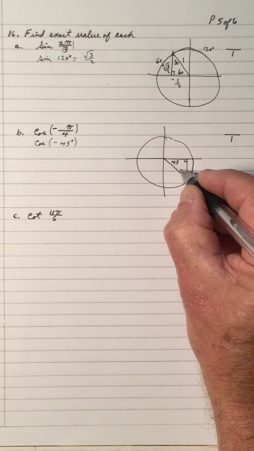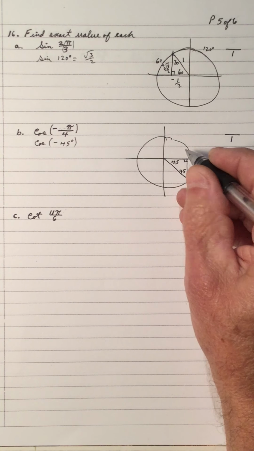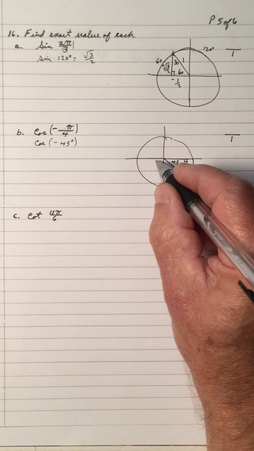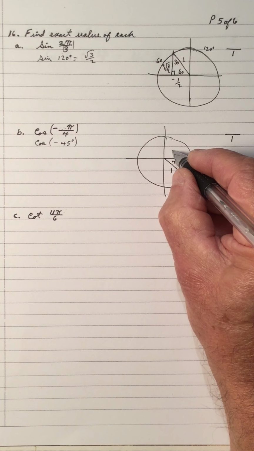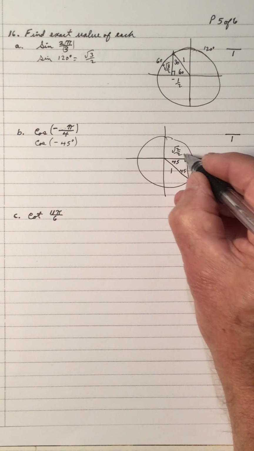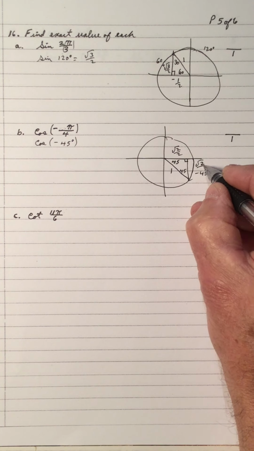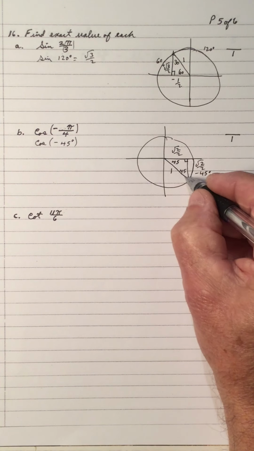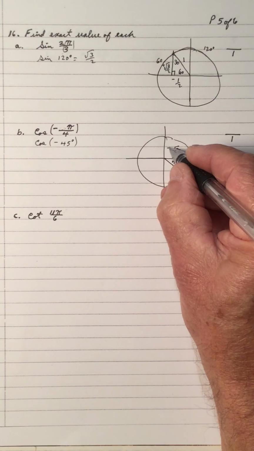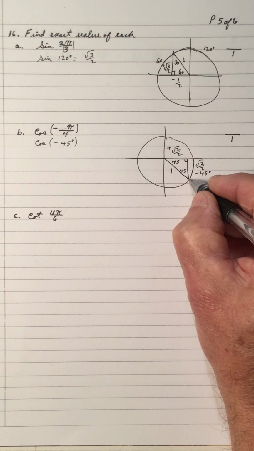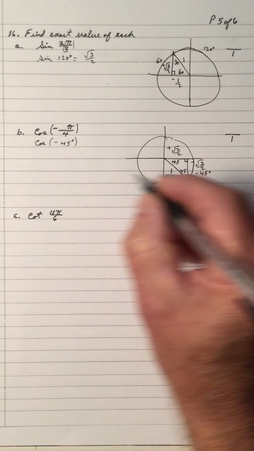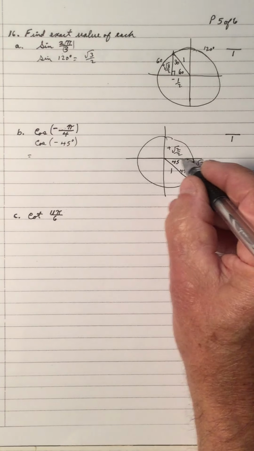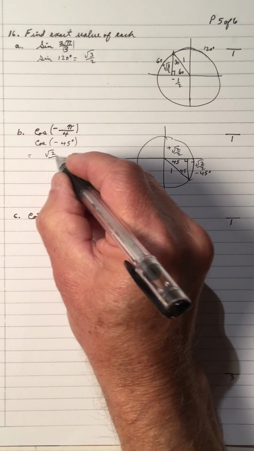This is a 45, 45, 90 right triangle. The hypotenuse, or the radius, is 1. In a 45 right triangle, the sides are the same, root 2 over 2, root 2 over 2. But in this quadrant 4, x is positive and y is negative. X is going to the right, positive, y is going down. And the cos is the x, and the x is root 2 over 2.